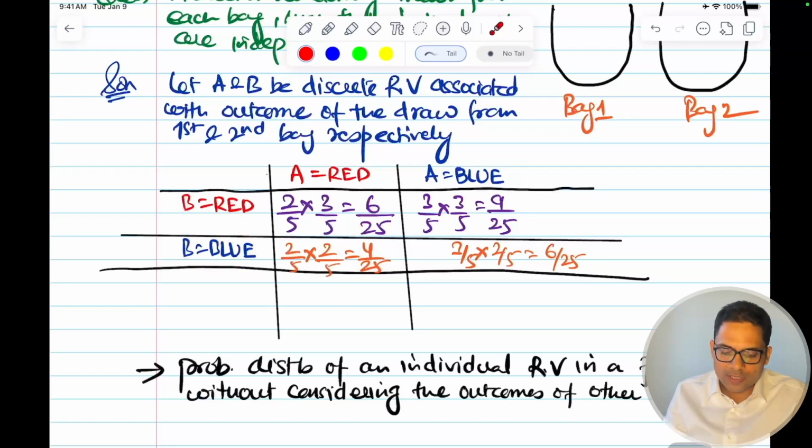Now, given only this information, what is the probability of getting a red ball in the first draw? You have the information in this cell. How do we do that?